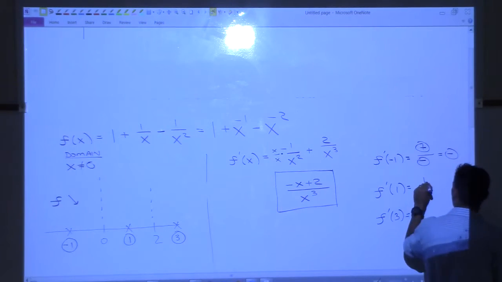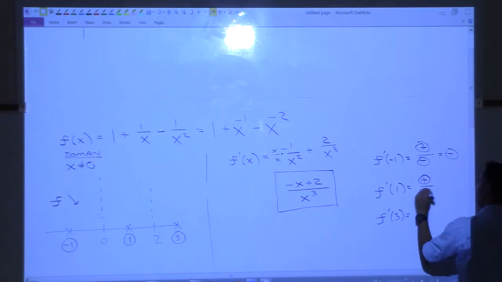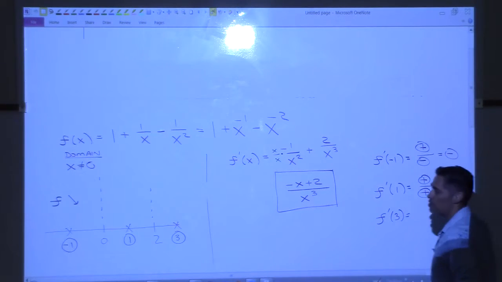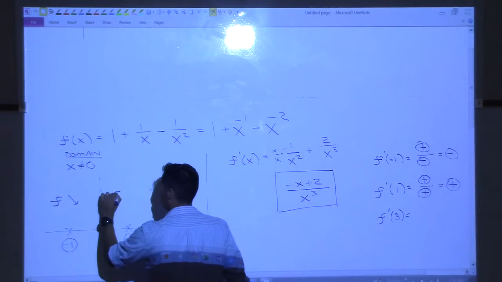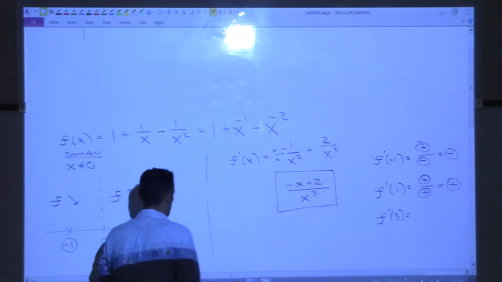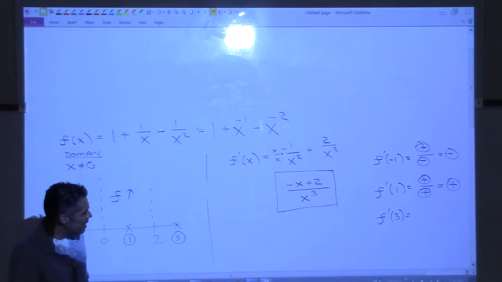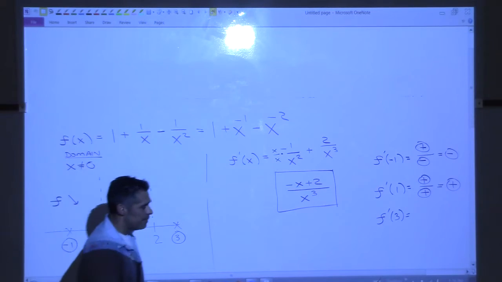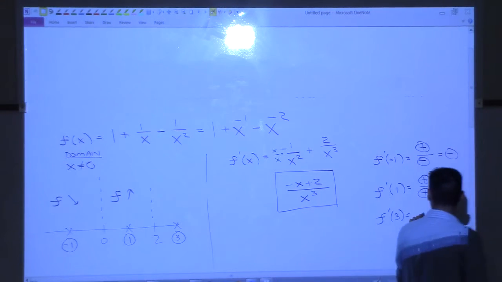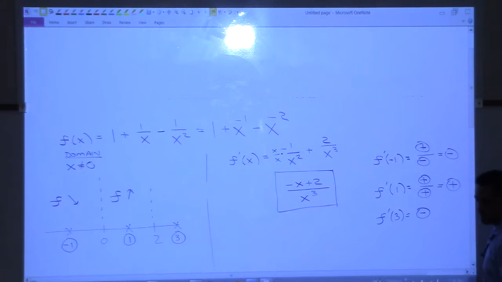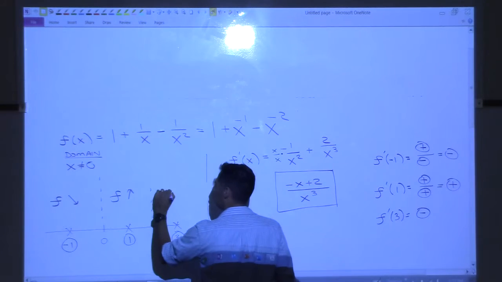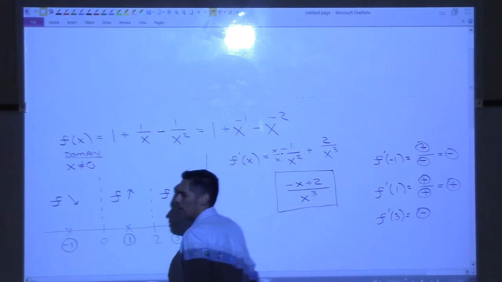So we get positive over positive, which means positive, which means now our function is going up. And then at 3, what do we get? Negative on top and positive on the bottom, so we should get a negative here. So now our function is going down. All right.